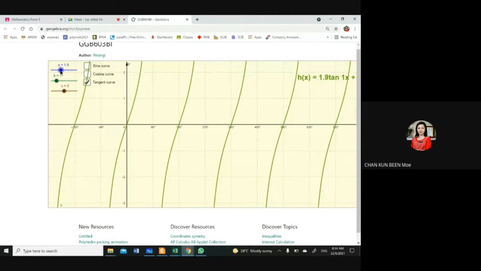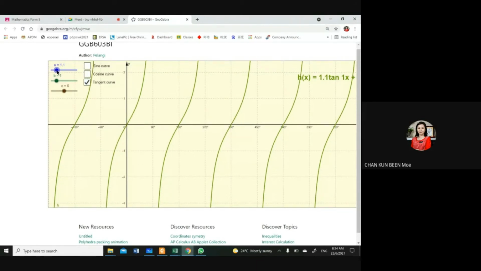Okay, so I move it back to the original one, which is 1. Now we look at the changes of B. For sine and cosine, if I change the B, the period changes, remember? So 1 period for tangent is from 0 degrees to how much? 180, yes. So we look at B over here.